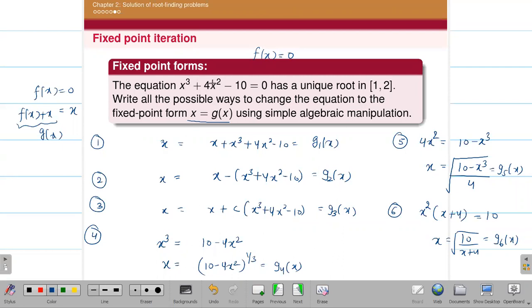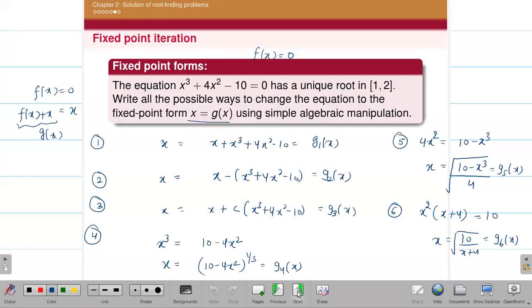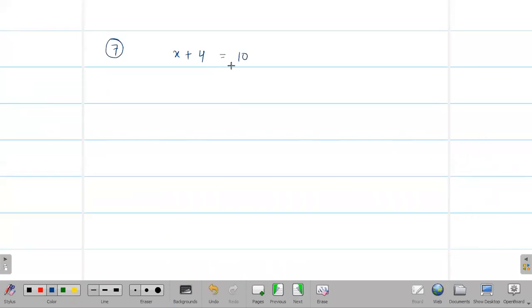If I divide this equation by x square, it will give you x plus 4 is equal to 10 by x square. So x will be 10 by x square minus 4. This is also another way.